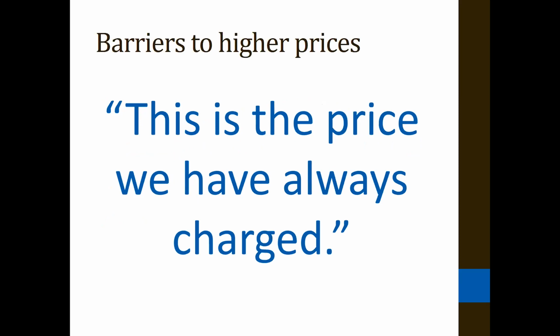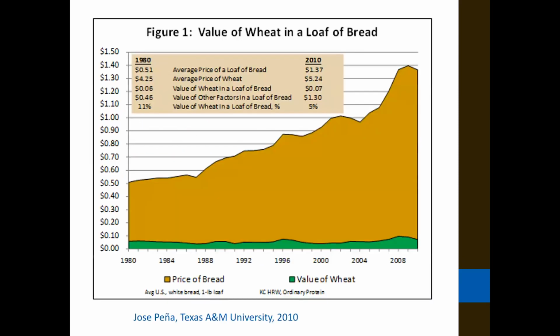I know especially today we are hearing about inflation and the rising costs of goods. So here is a little graph for this example. This is showing the value of wheat in a loaf of bread from 1980 to 2010. It's a little dated, even though it doesn't seem like it was that long ago. But this just shows that the cost of everything has gone up, even something as simple as producing a loaf of bread.